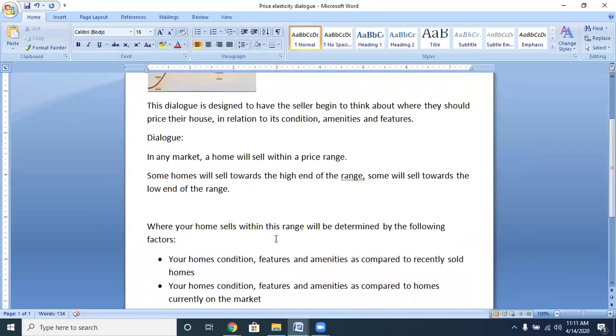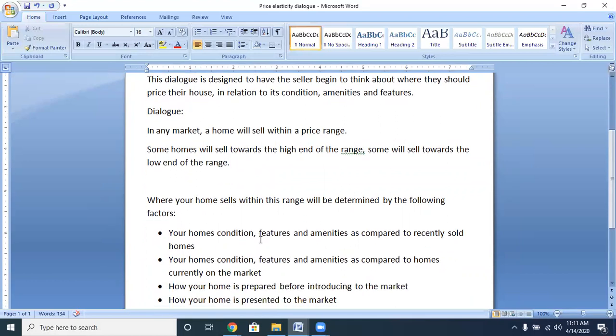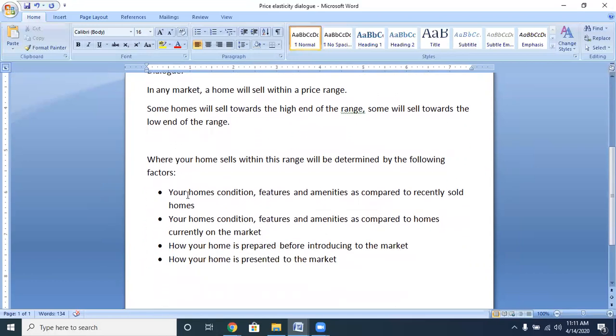Now, where that home sells within this range is going to be determined by these factors, okay? It's going to be determined by your home's condition, features, and amenities as compared to recently sold homes. So that's one aspect. Where it's going to sell in that range also is going to be determined by your home's condition, features, and amenities as compared to homes currently on the market.